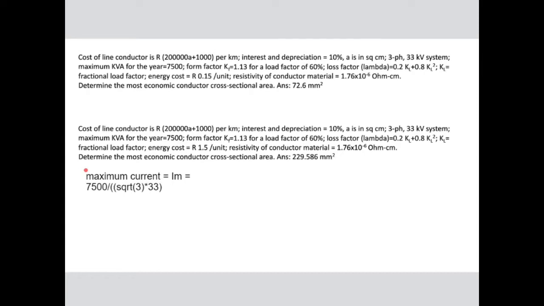So 7500 divided by √3 times 33 kV. Calculate this and tell me the value quickly. 131.21 ampere. That's correct.